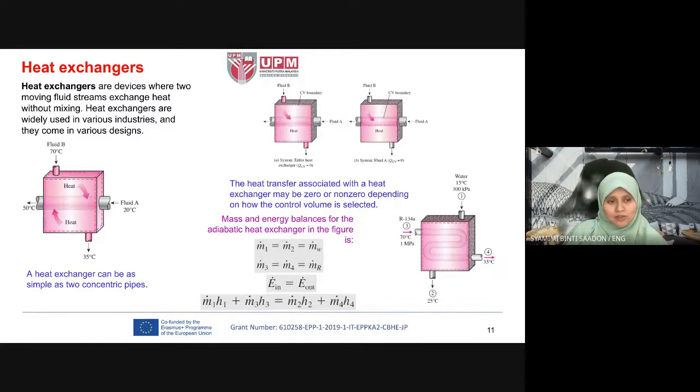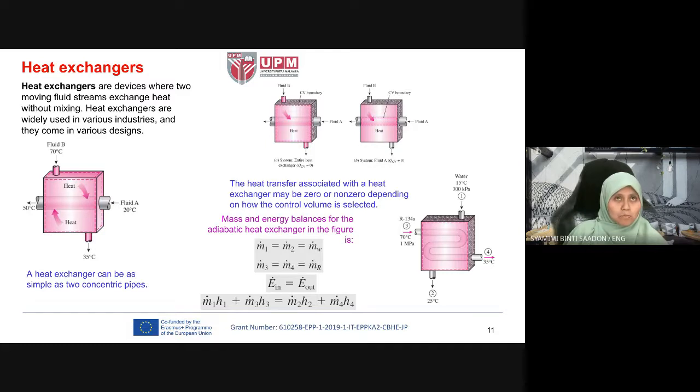Okay, so that is the function of a heat exchanger. And normally this one is like the evaporator just now. I gave you the example of an evaporator.